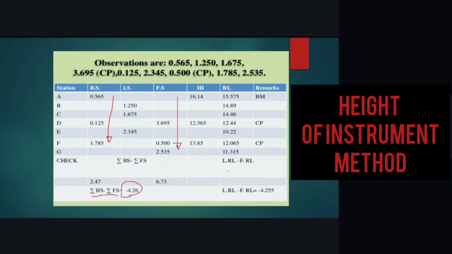And then the last reading minus the first reading, you have to subtract this reading. Last reading is 11.35, subtracting 15.575, so you will get 4.25. These two values should be equal, so it means the values you have corrected, you have done the calculation right.